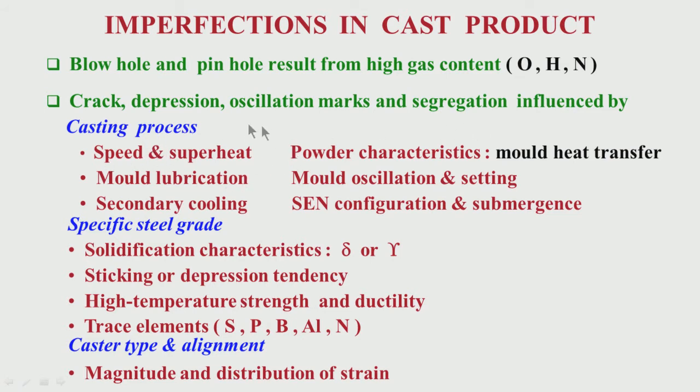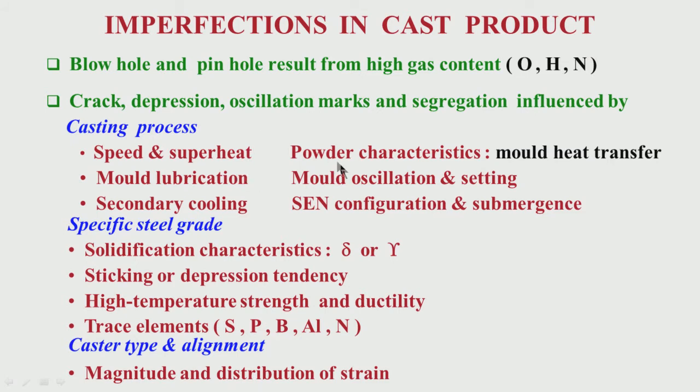And another important parameter is the superheat, the heat of the liquid which is being cast: what is the temperature of the liquid steel with respect to its liquidus, how much more it is, that is called superheat. This is very important. I will come to it later on, what are the effects of speed and superheat. These will have effect on the cast structure.